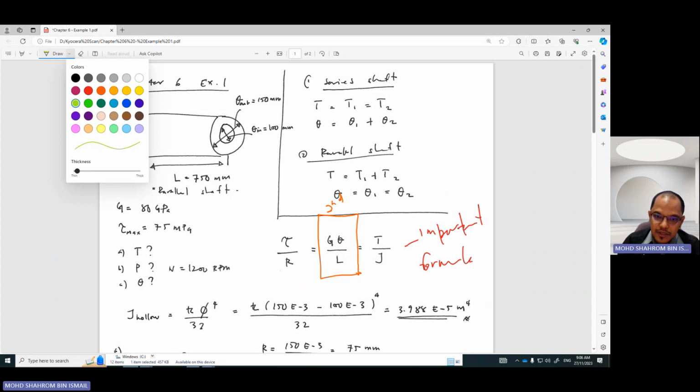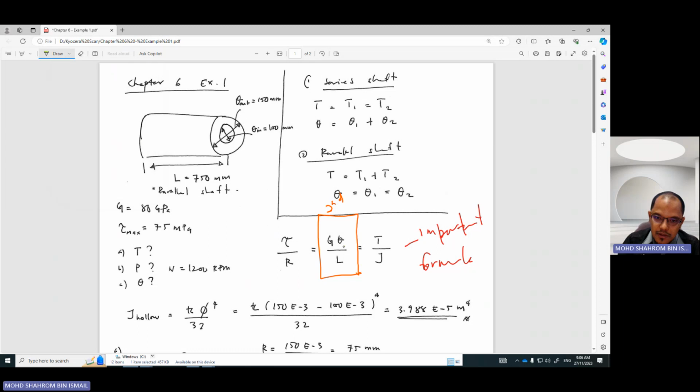For our second expression, we need to know that this is called theta. Theta is an angle. Let's say when this thing rotates, just imagine it rotating from point A to point B. You will see that it creates what we call an angle of twist, the twisting angle.